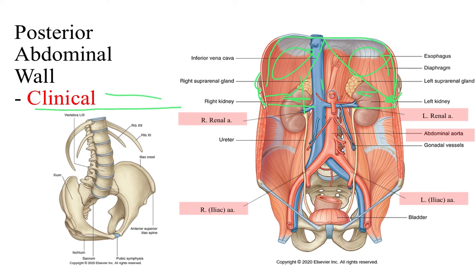All right. So another clinical correlation is that you will be listening for renal artery bruits. All right, and you'll find out what bruits are once you get to physical exam lab.